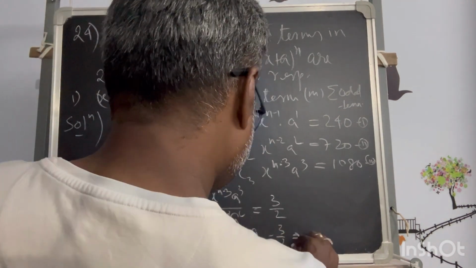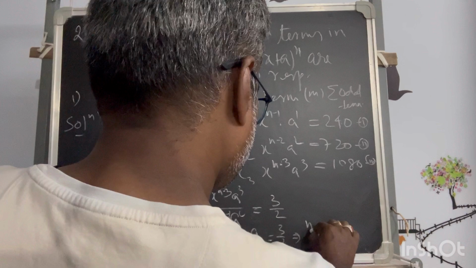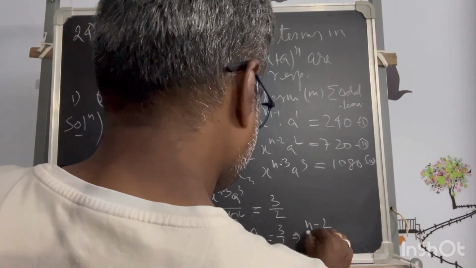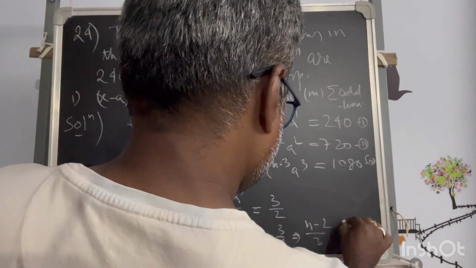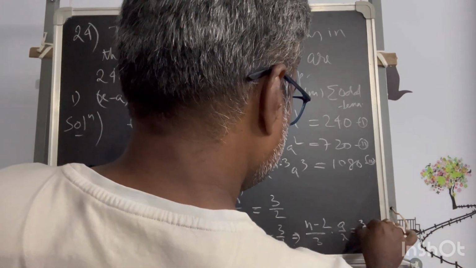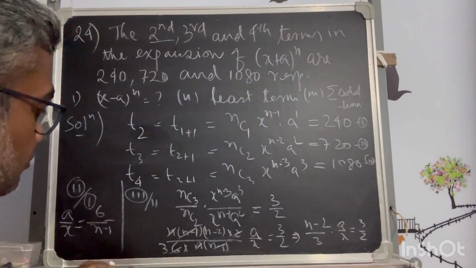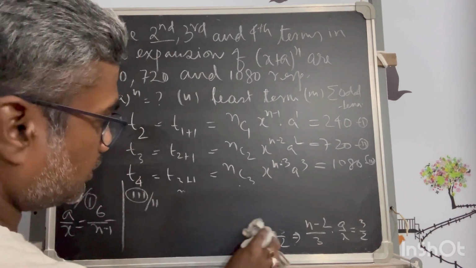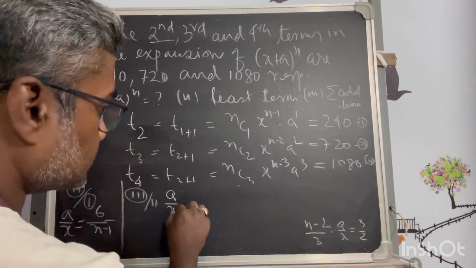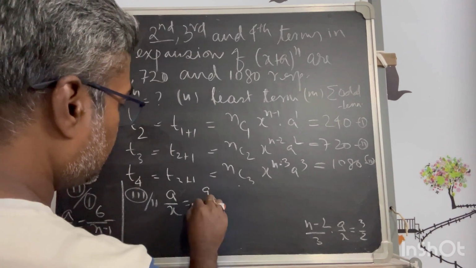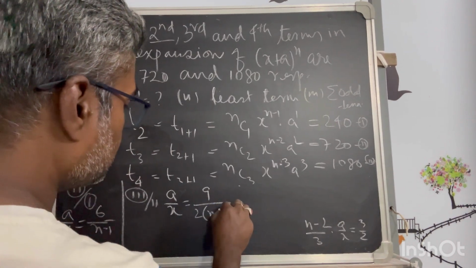So this will give you n minus 2 at the top, 3 at the bottom, a by x, this is equal to 3 by 2. So ultimately, by solving this, you will get a by x is equal to 9 by 2 into n minus 2.